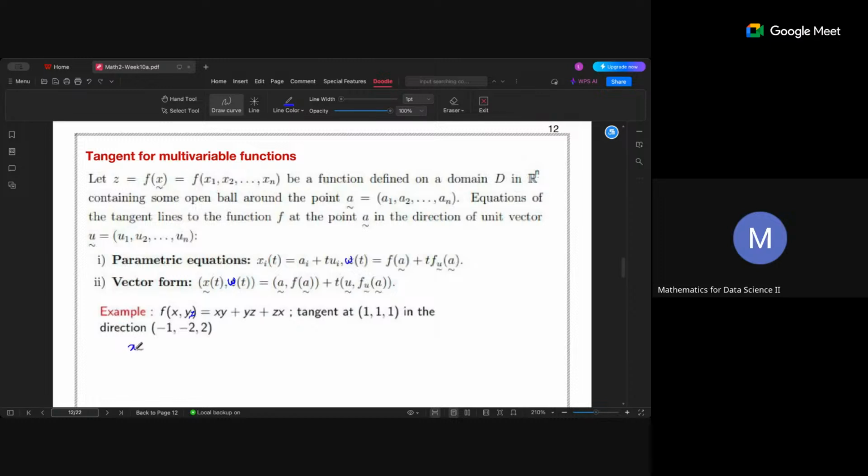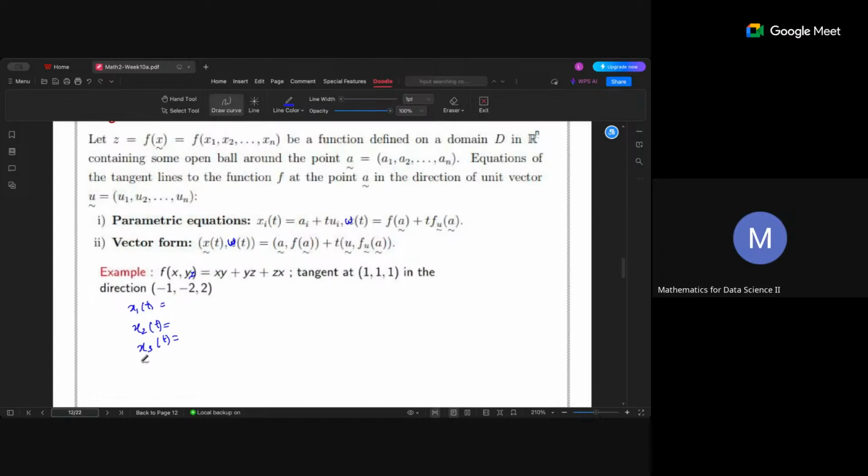Tell me what is x1 of t, x2 of t, x3 of t, and then w of t. What is your u in this case? First calculate that and tell me. Minus 1 by 3, minus 2 by 3, 2 by 3. So this is your a1, a2, a3.